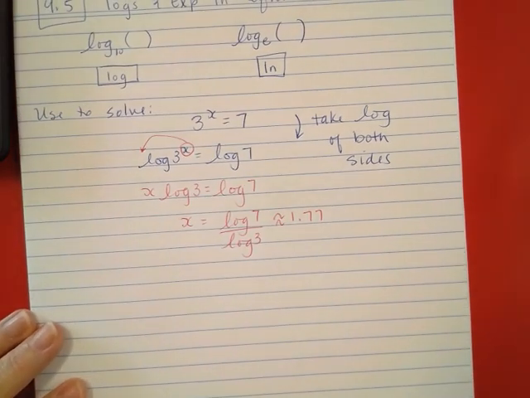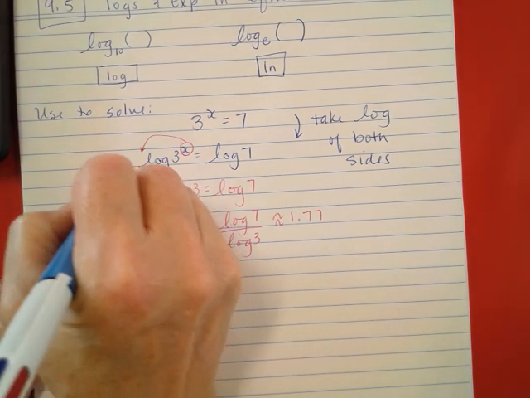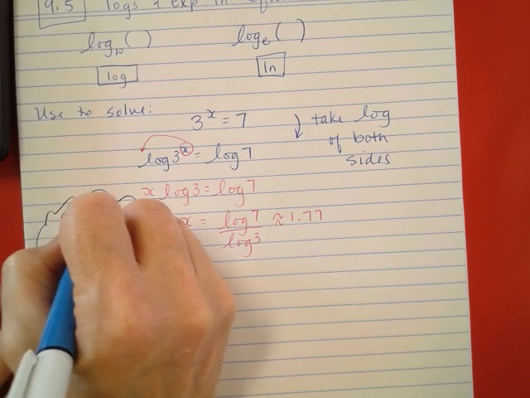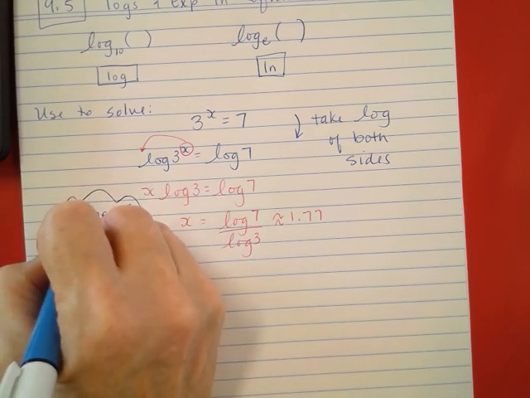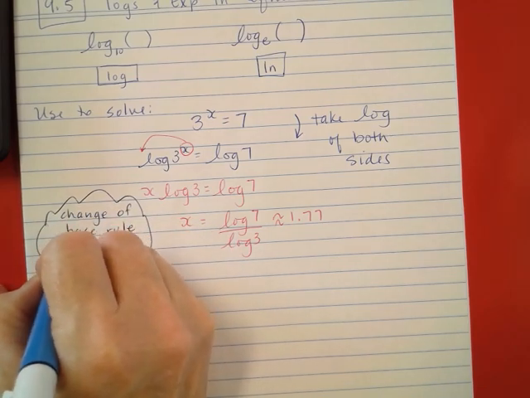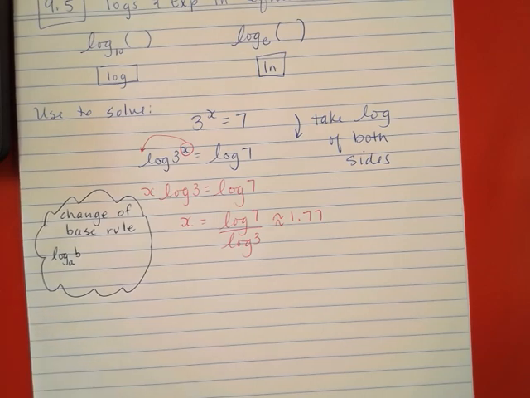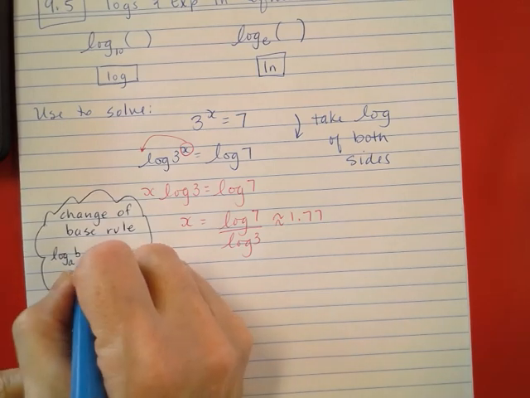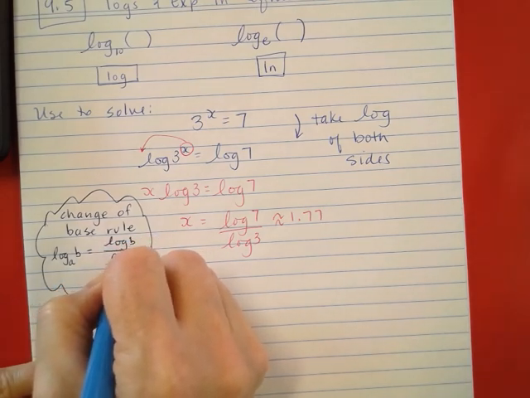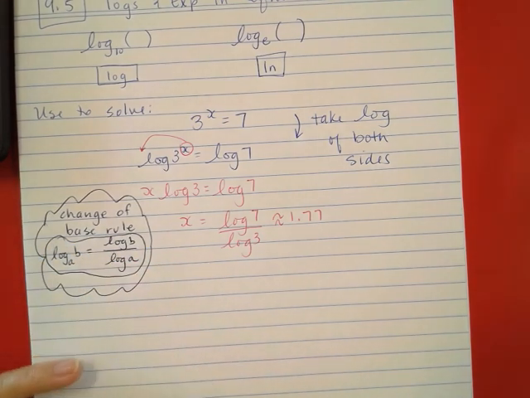This leads us to this kind of thing that I'm 99% sure is on your formula sheet. I was going to look and I forgot. And it's called the change of base rule. And it says, if I have log base a of b, and I want to change it to log base 10 or log base e, that's just log b over log a. It's a really good rule to use when I don't have a calculator.